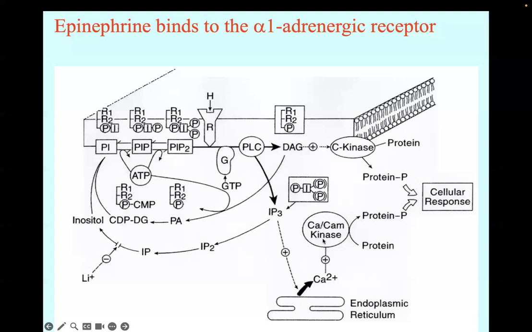There are different variants, like 5 or 6, and even those can have subtypes. But the important thing is this is an enzyme which is going to phosphorylate factors that bring about the fast reaction, like opening a channel, but also the slow reactions, because it can activate a transcription factor that will then cause genes to be expressed.